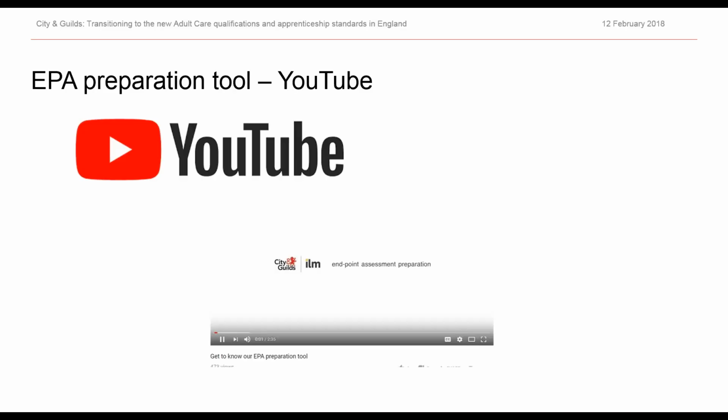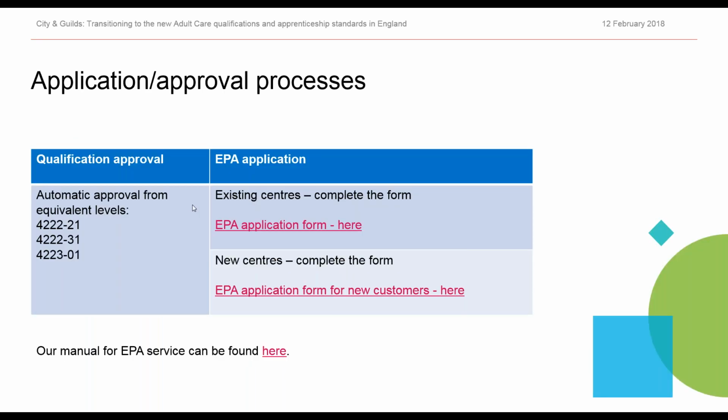We've put a link into a video to explain much more about the endpoint assessment preparation tool, which you'll be able to look at your leisure. Also on the next slide, it's about, well, how do you get approval to offer endpoint assessment through City and Guilds? We have a very straightforward application form, which is on our website.